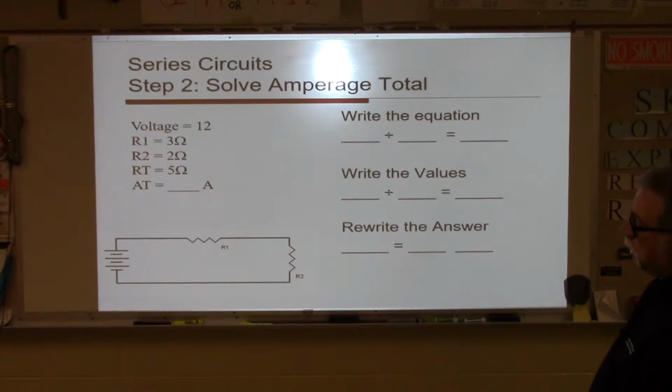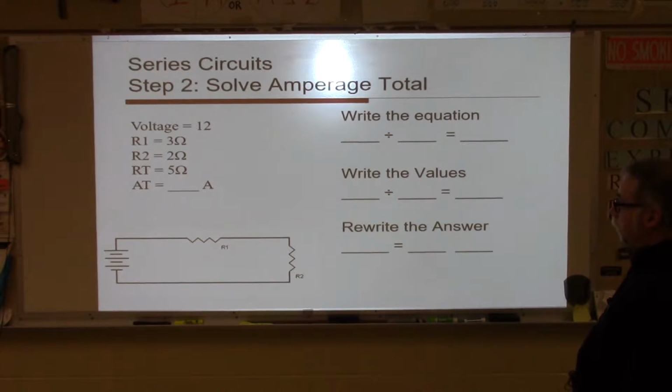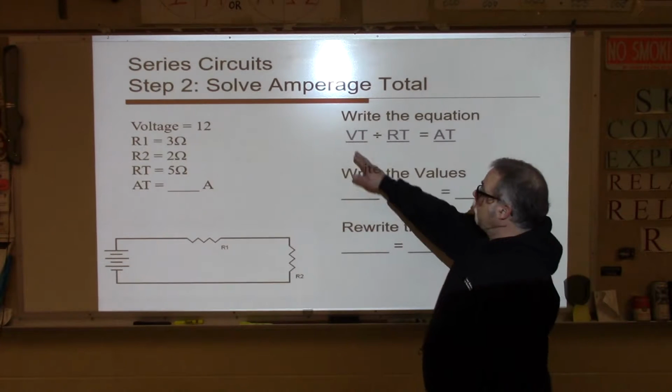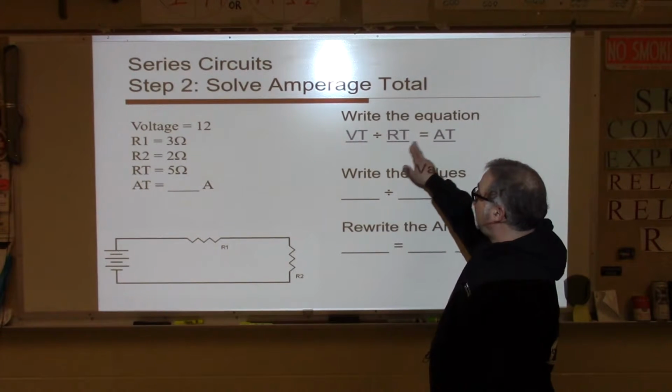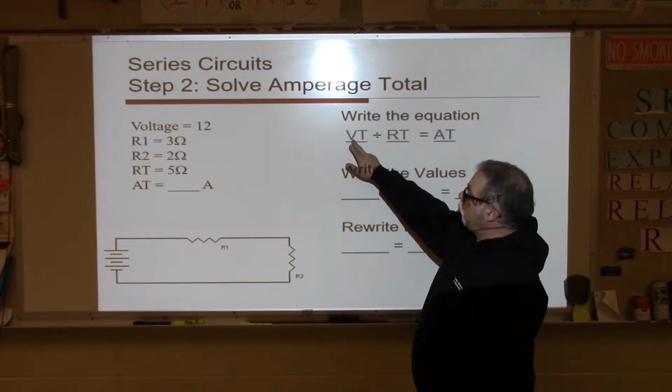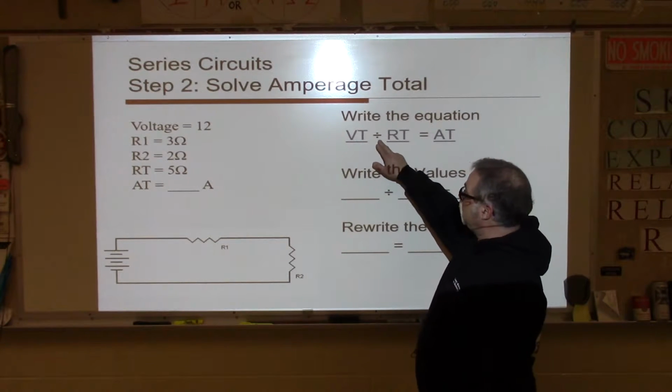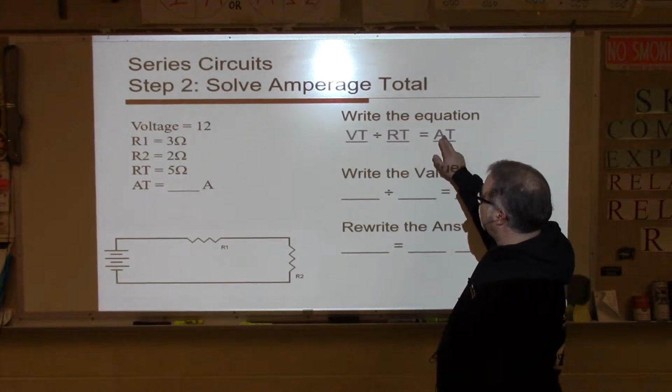So we're going to take our total voltage, divide it by the total resistance for the circuit, and we'll get the total amperage for the circuit. So our equation is going to be V divided by R equals amps. So there's Ohm's law. This time, since we want a total, we'll make it voltage total divided by resistance total equals amperage total.